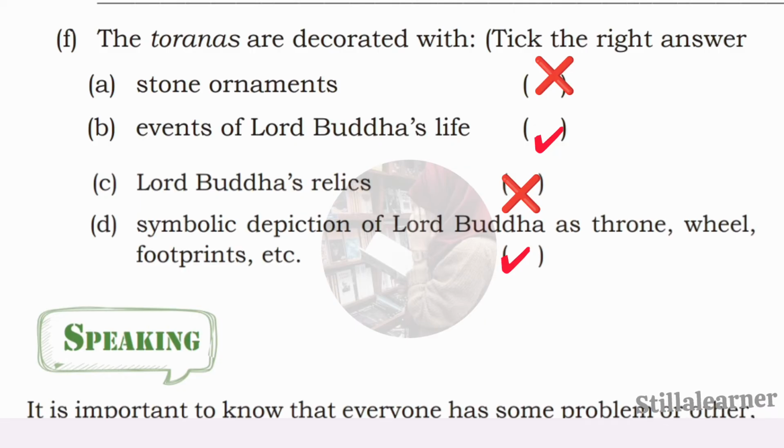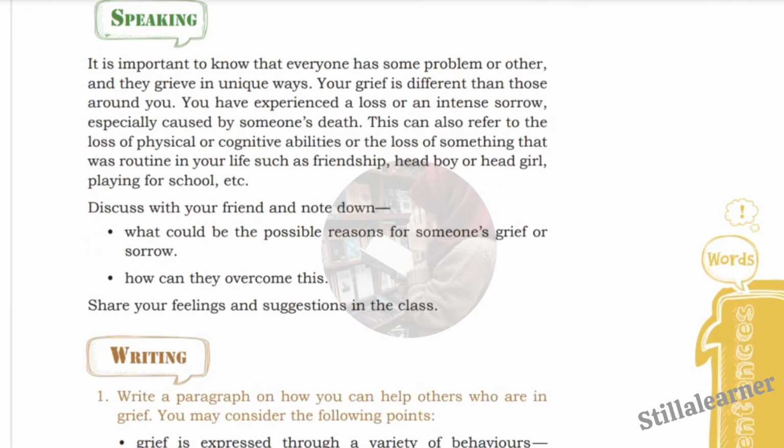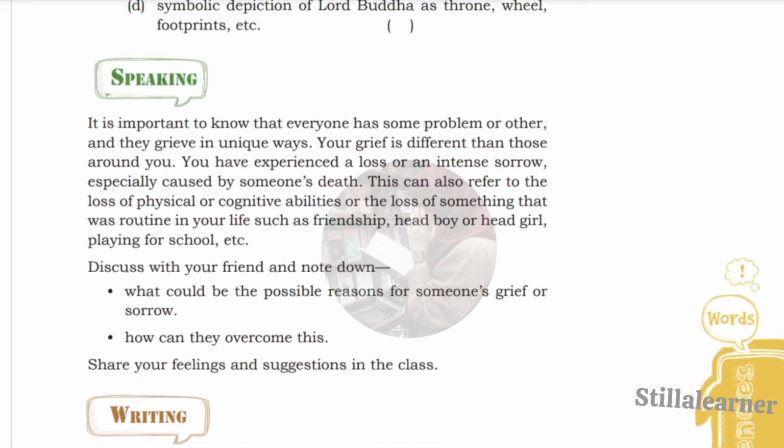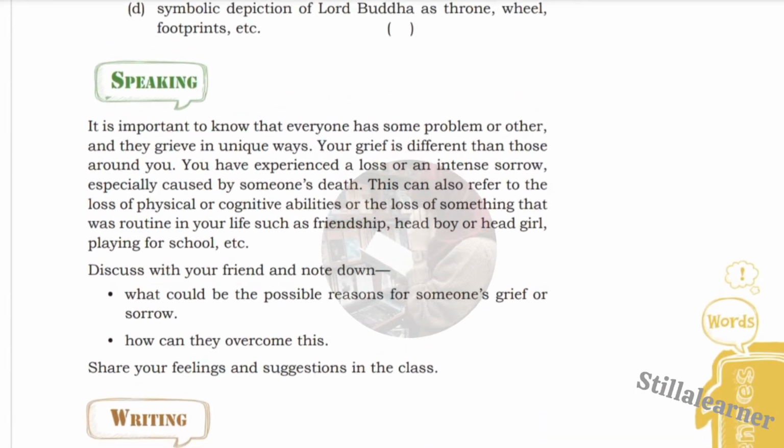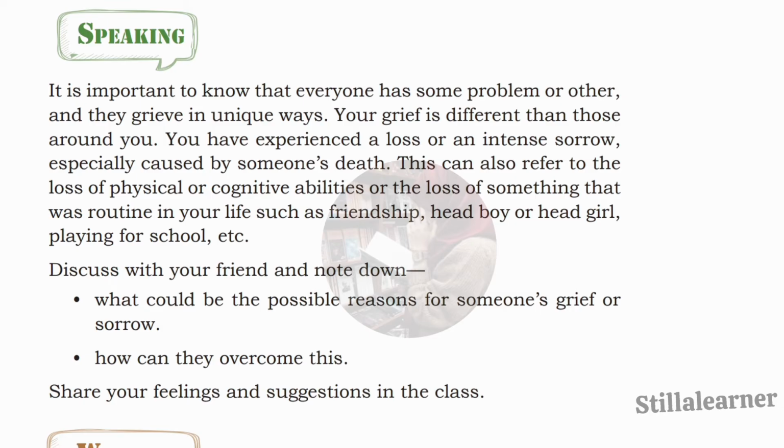Okay, guys, now we'll move to the next part, which is the speaking part. Here we have to speak about the grief we faced in our life or the grief we feel for those who are around us, or we have experienced some loss or someone's death, whatever it may be. Sometimes loss of friendship.